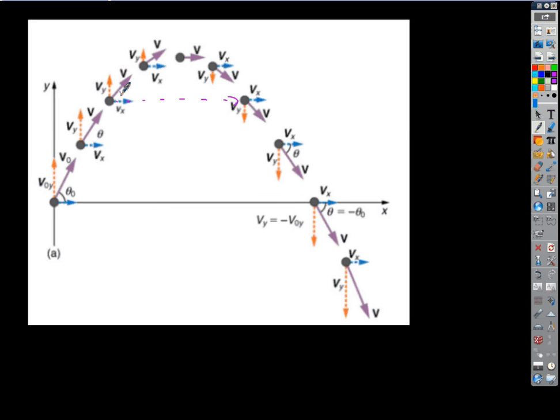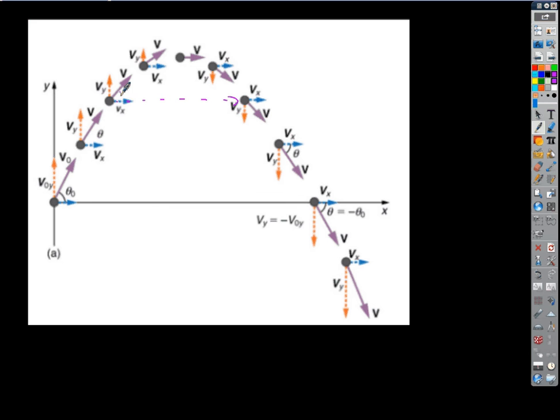And so, technically speaking, yeah, if this were infinitely high and the gravitational field were uniform, it would pick up more and more and more vertical speed, but the horizontal component would always stay the same forever and ever. Okay? Kind of get a sense of what we're doing with this?